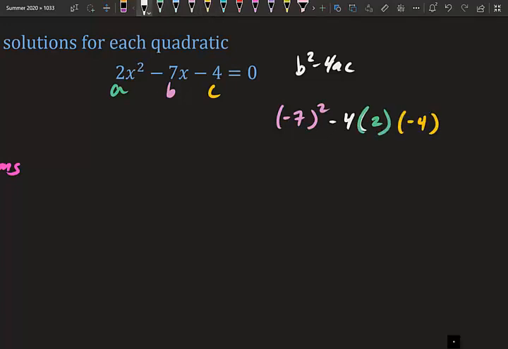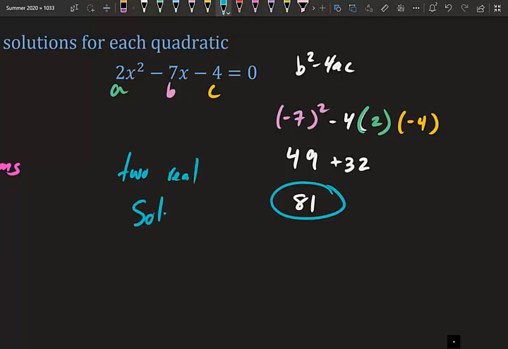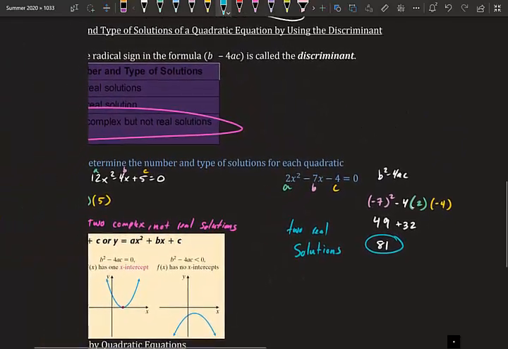So we simplify, 49. Negative 4 times 2 is negative 8, and negative 8 times negative 4 is positive 32. We add those and get 81. So since it's positive, we have two real solutions. That's this one right here.